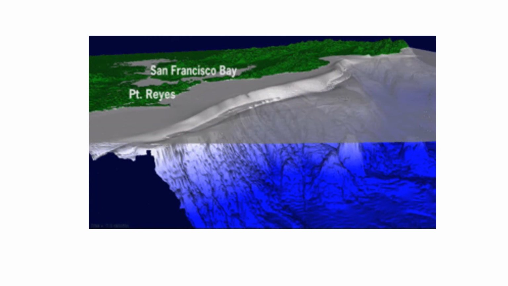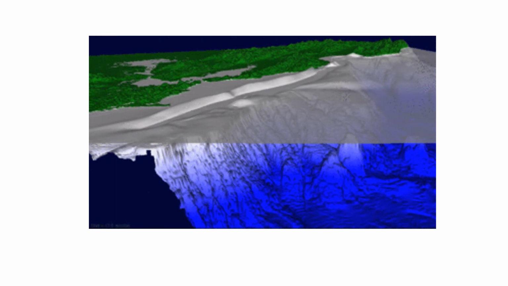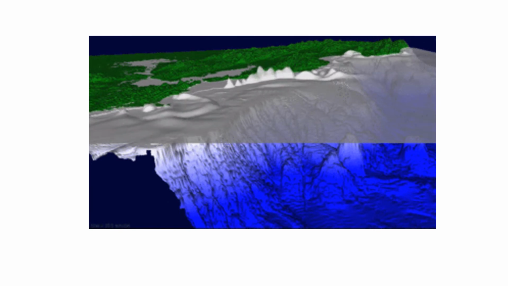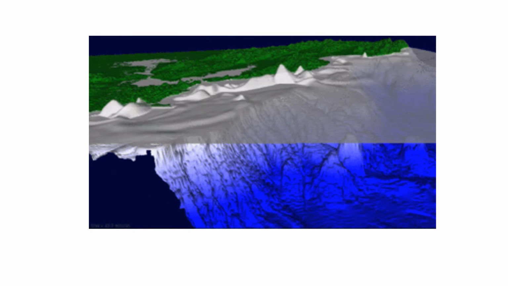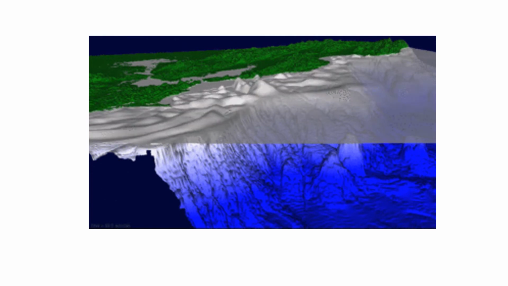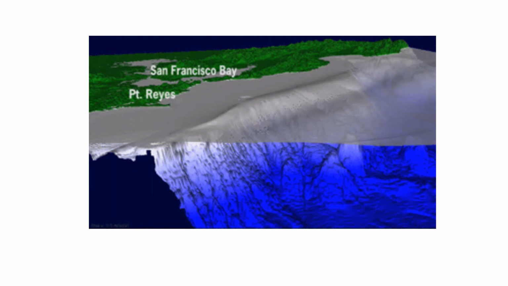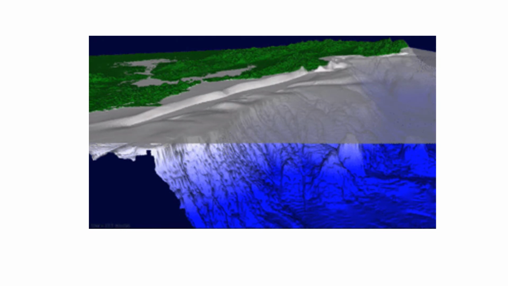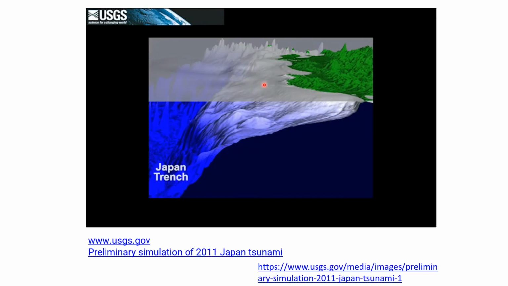A tsunami, on the other hand, is an ocean wave triggered by large earthquakes that occur near or under the ocean. Those include also volcanic eruptions, submarine landslides, or onshore landslides in which large volumes of debris fall into the water. You might also remember the very big tsunami in Japan, which was caused by the Japan Trench.